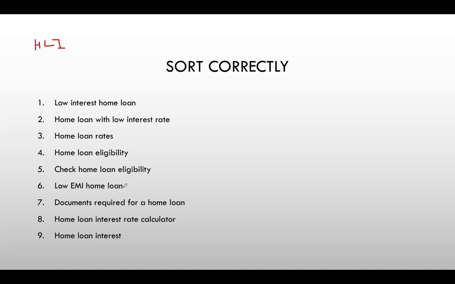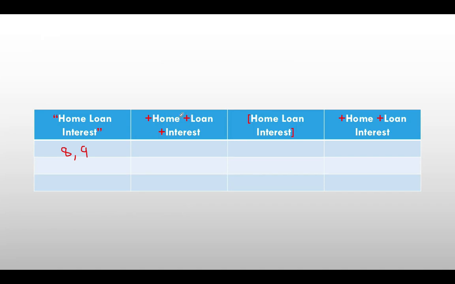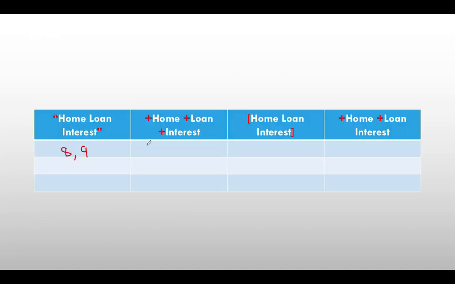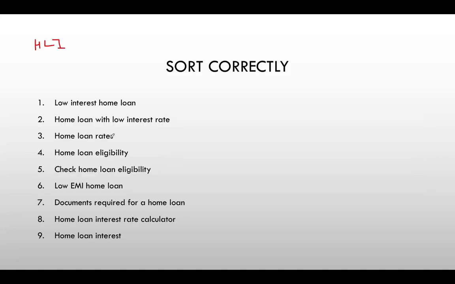Interest is missing. Over here you have interest, and over here you have interest. So if your keyword is in modified broad match with plus signs before home, loan and interest, your ad will get triggered if the search queries are 1, 2, home loan interest, 8 and 9.